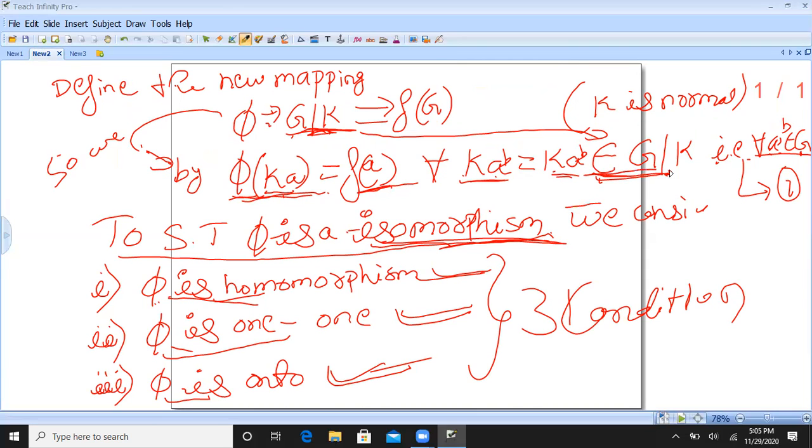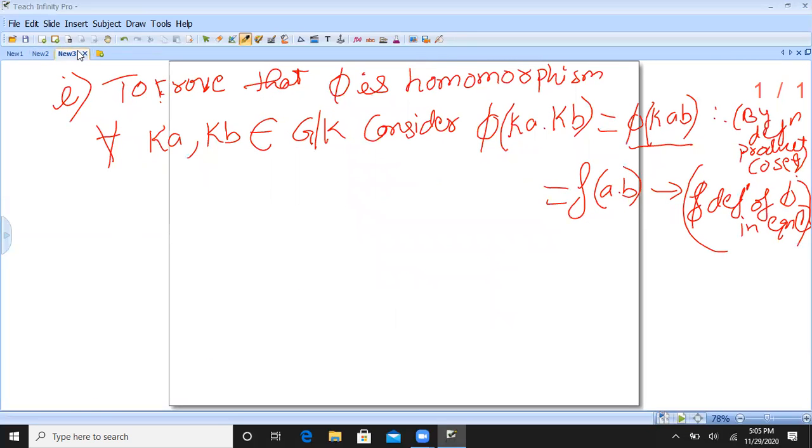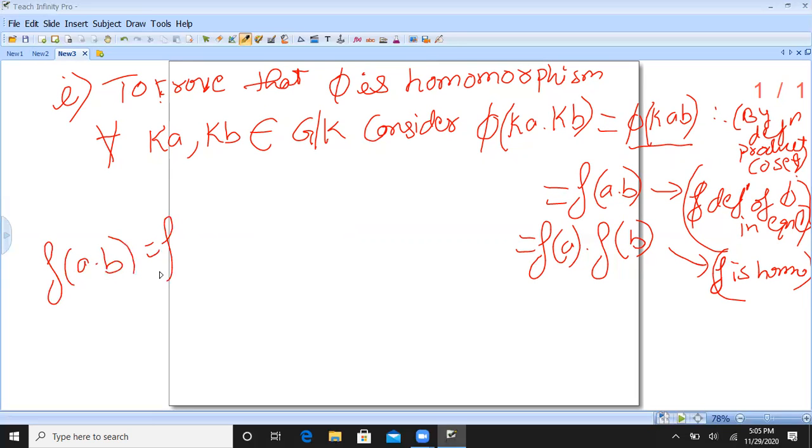So phi of kab is f of ab, which can be split as f of a into f of b, because f is a homomorphism: f of ab is equal to f of a into f of b. This formula must be remembered throughout homomorphism and isomorphism.